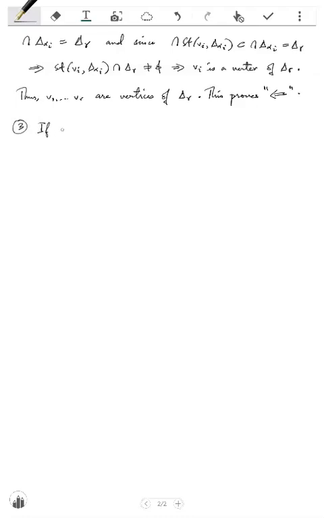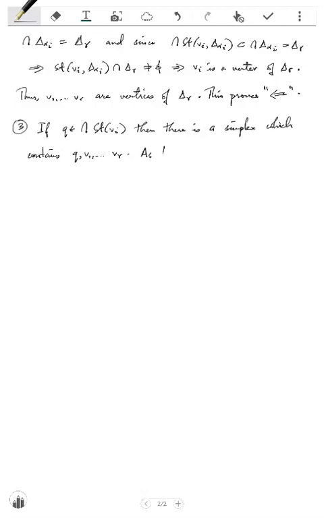The third observation: if q is in the intersection of the stars of the v_i's, then there is a simplex which contains q, v1 to vr.